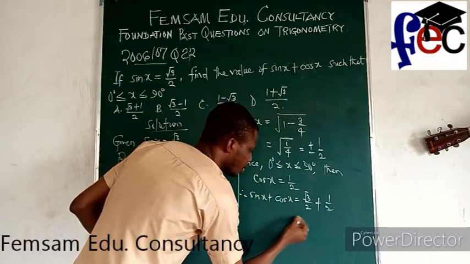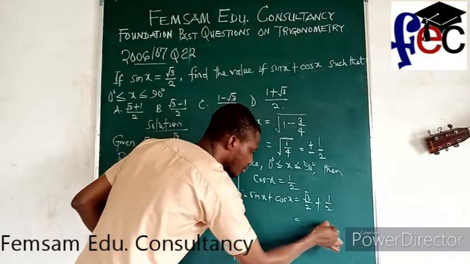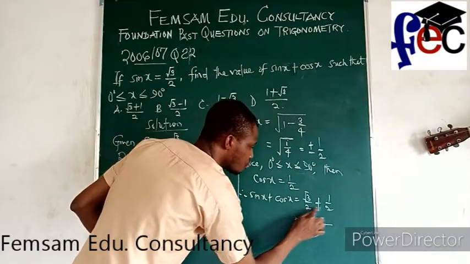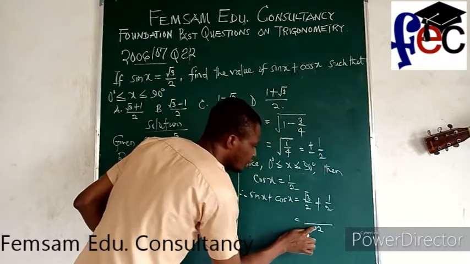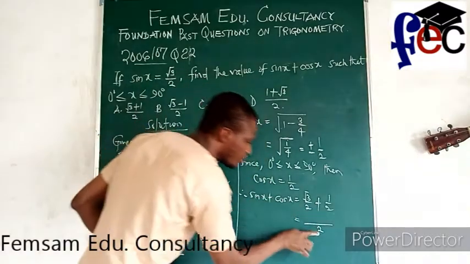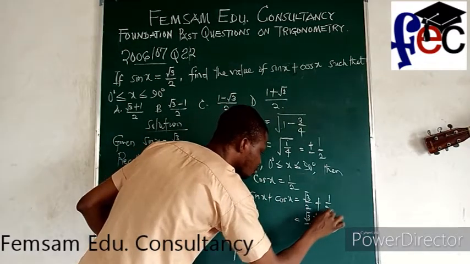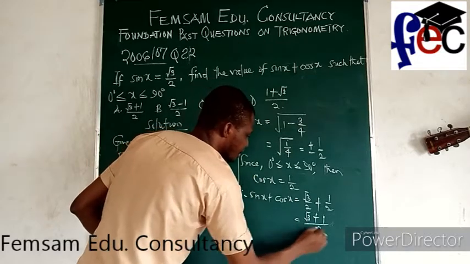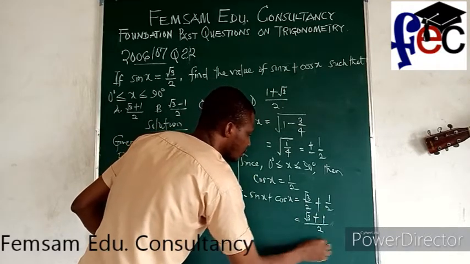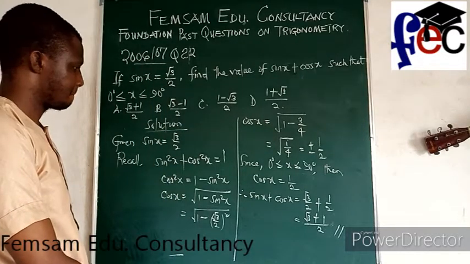Now we can take one denominator, or better still, look for the LCM of these two denominators, and that's going to be 2. How many 2 will you get in these 2? 2 into this is 1, 1 multiplied by root 3, you have this, plus 2 into is 1, 1 multiplied by 1, you have 1. So our final result is root 3 plus 1 over 2. And that's it. Which of the options now?